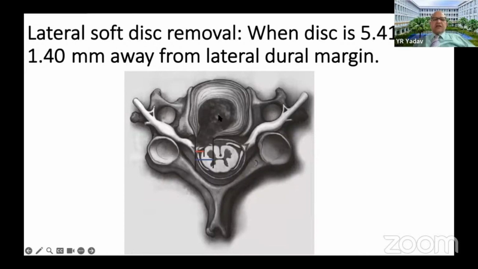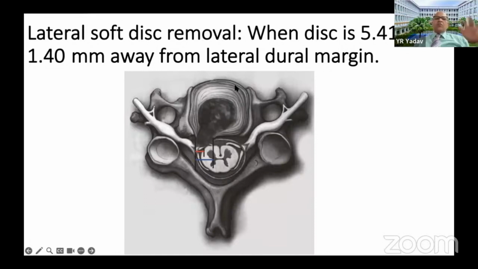If the disc is lying centrally, you cannot come from a posterior approach and take it out. A soft disc within 5 millimeter of the lateral margin of the thecal sac can also be removed from a posterior approach.